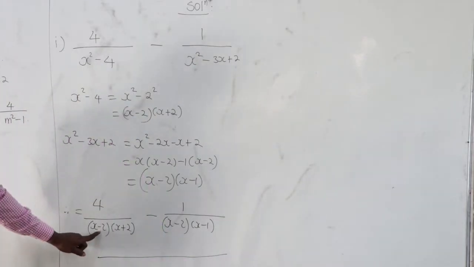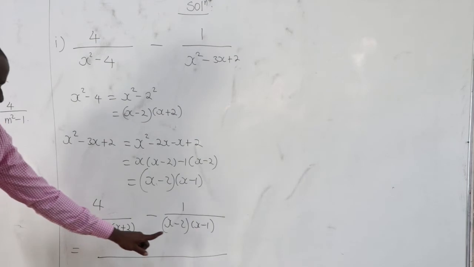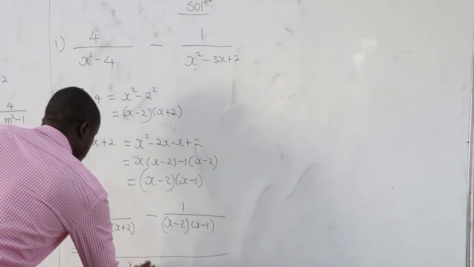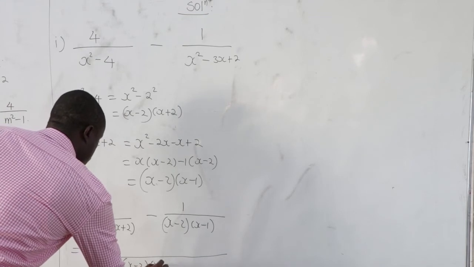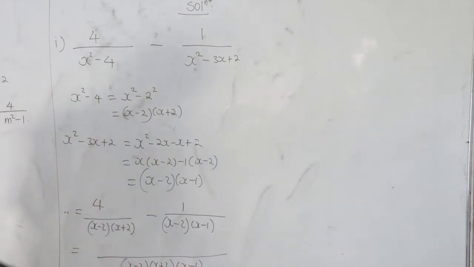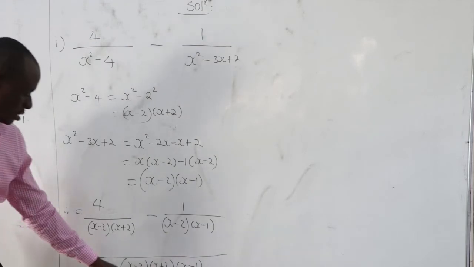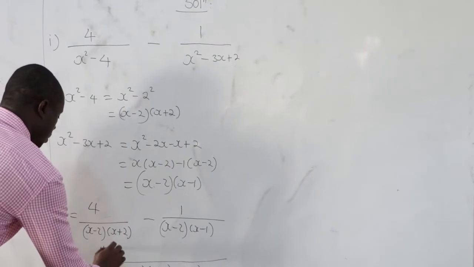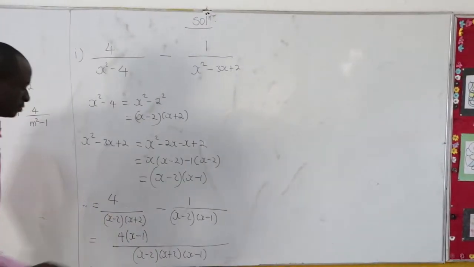You have (x minus 2)(x plus 2)(x minus 1) as the factors. Now, (x minus 2)(x plus 2) will cancel, leaving x minus 1 out. So we have 4 here, (x minus 1).